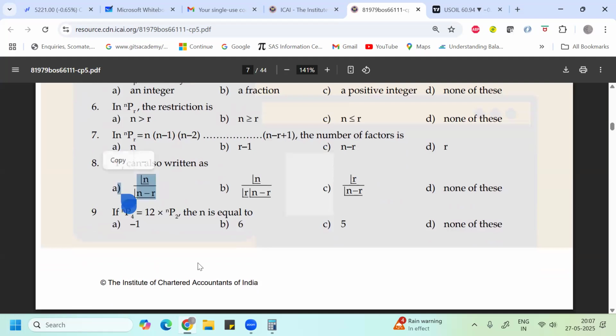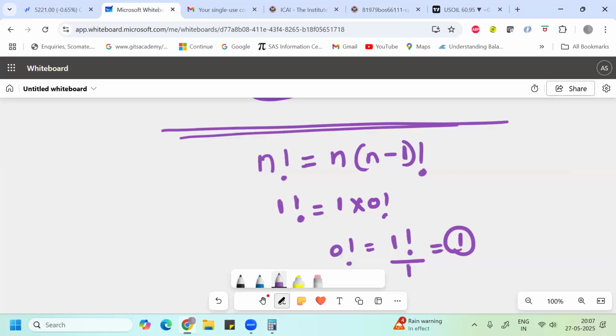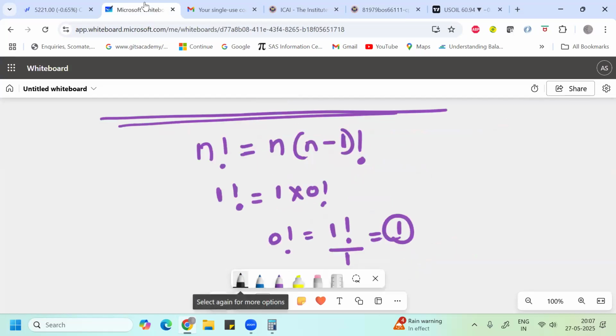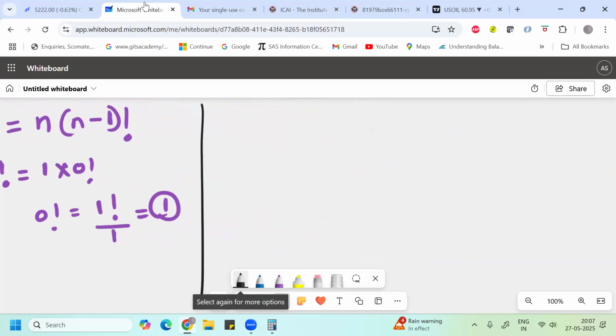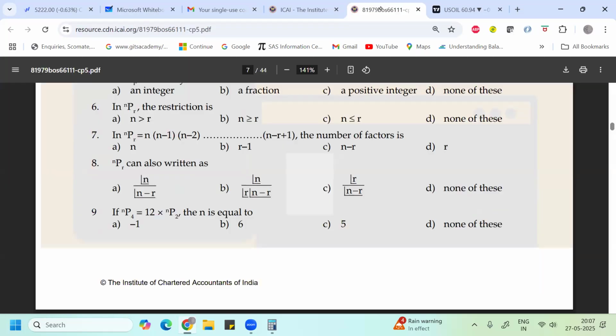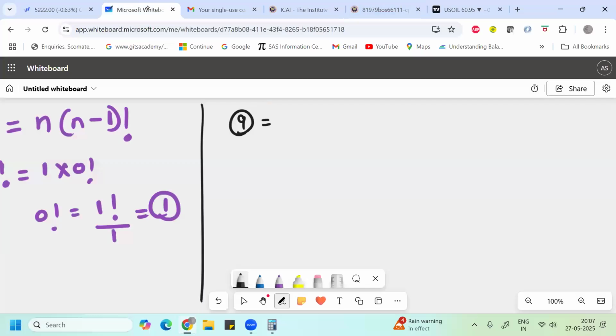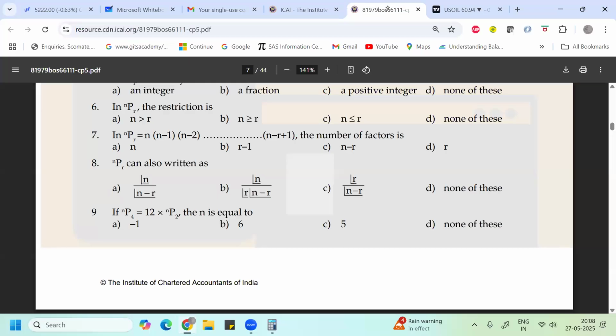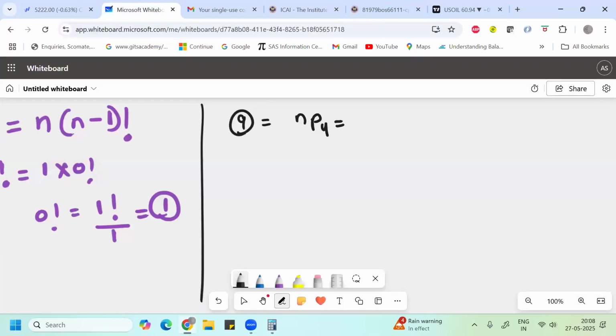Question number 9. nP4 is equal to 12 into nP2.